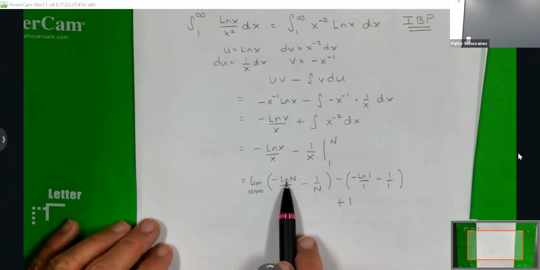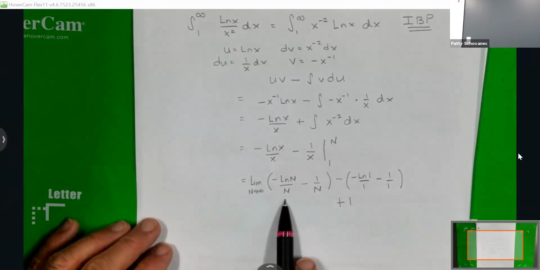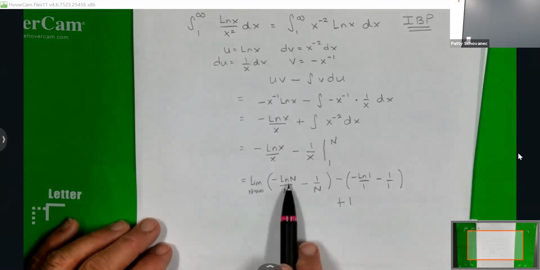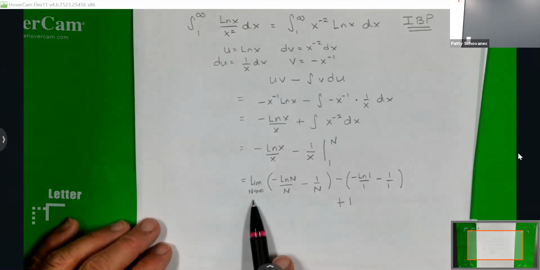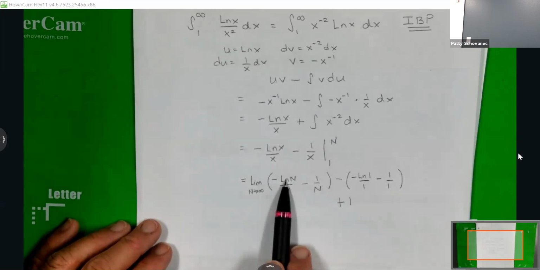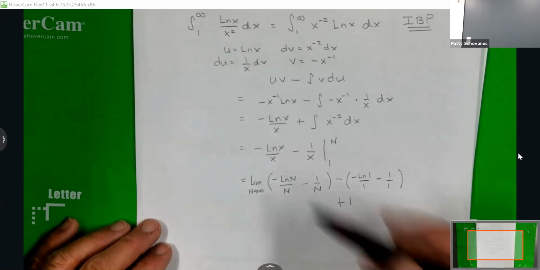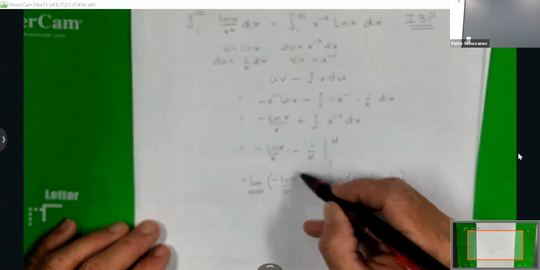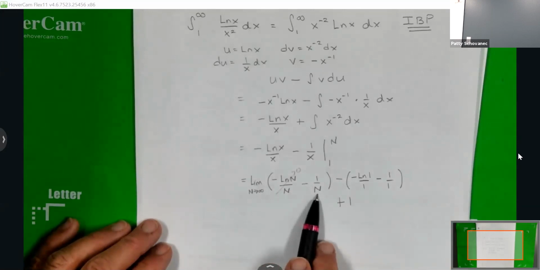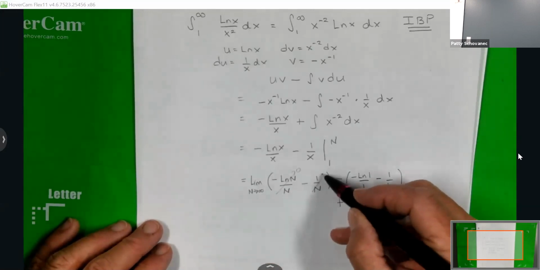This behaves like infinity over infinity, but that's no problem. If you did L'Hopital's rule once, you get 1 over n over 1. So as n goes to infinity, natural log of n over n goes to 0, right? Again, it's bottom heavy. Log of n grows slower than n. So this limit is 0. This is bottom heavy. 1 over infinity goes to 0.